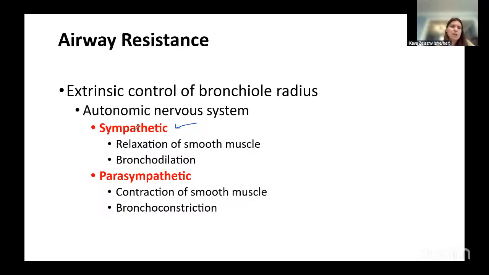So it's helpful for us to have bronchodilation, right? In these stressful fight or flight situations, when our sympathetic nervous system becomes active, our airways are going to get larger. They're going to drop down their resistance, which means that we can get more air flowing more easily in and out of the lungs.